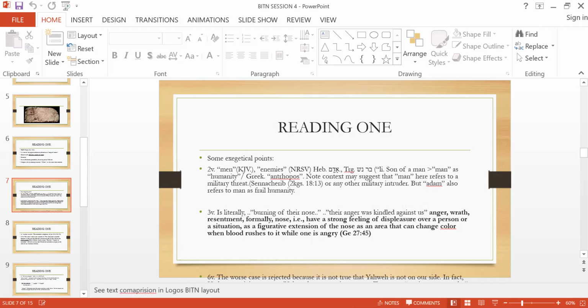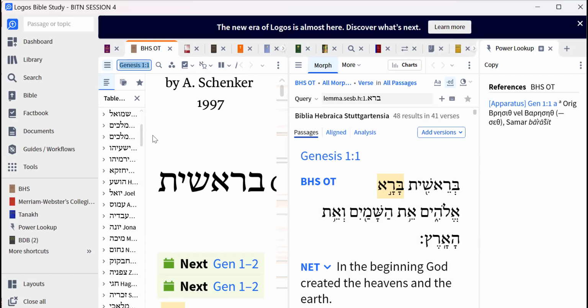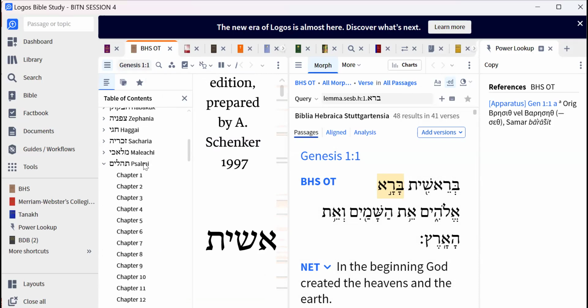If we have a bit of time after the reading, we'll go back to see some few things under the vowel system.